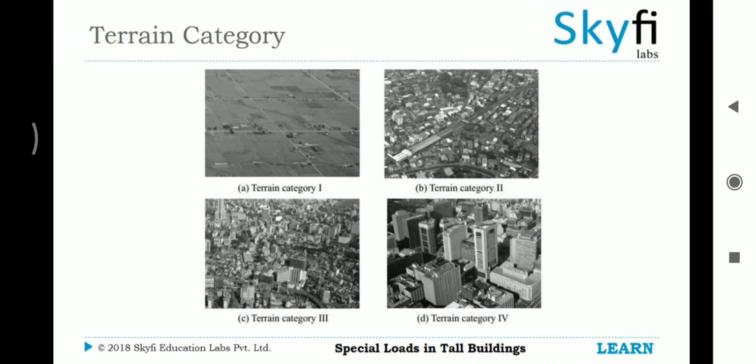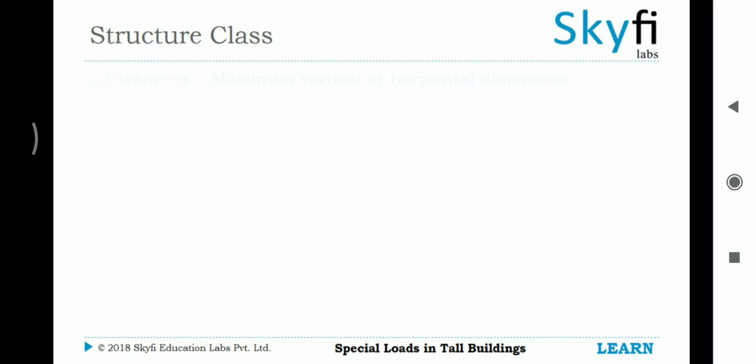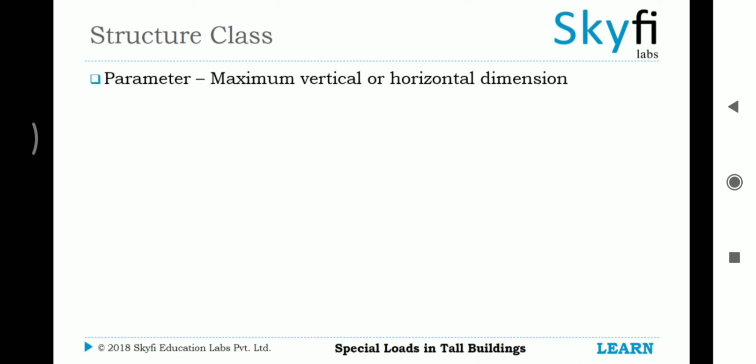Next, the terrain category refers to the surroundings of the building to be designed. Based on the heights of the nearby buildings, you will be considering the terrain category, which are categories 1, 2, 3, and 4. The structure classes are of 3 types, Class A, B, and C, depending on the greatest horizontal or vertical dimension of the building.